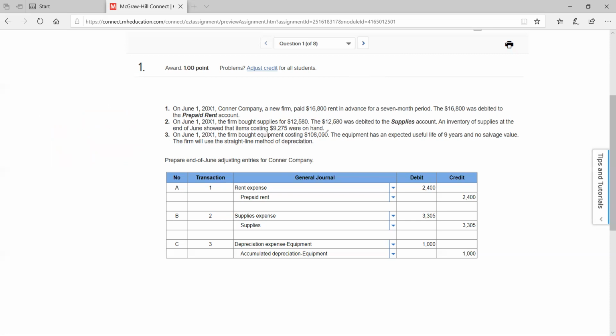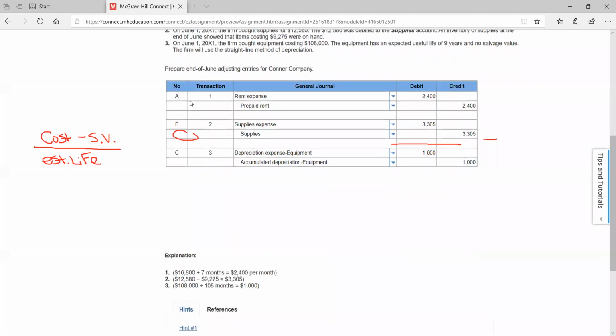Third one looks like they bought some equipment, 9-year useful life, no salvage value, straight line method. So in this case, remember your formula, cost minus salvage value, divided by your estimated life. However you want to do it, oftentimes when I'm in class, I'll have my students divide by the number of months.